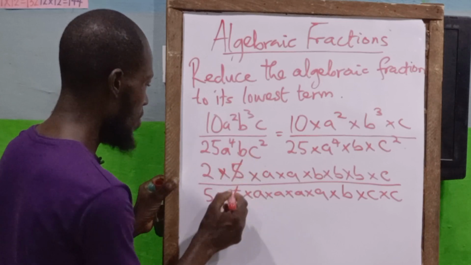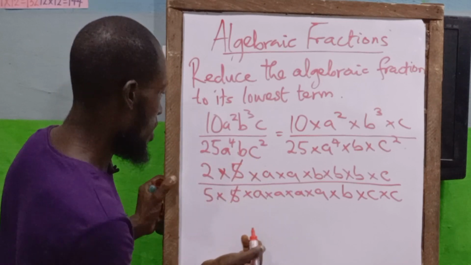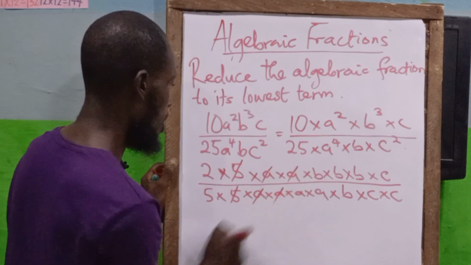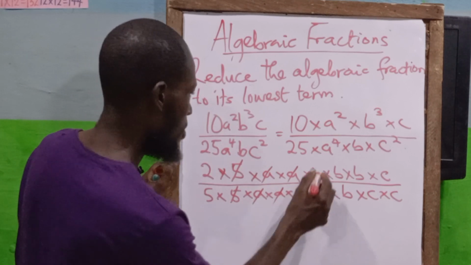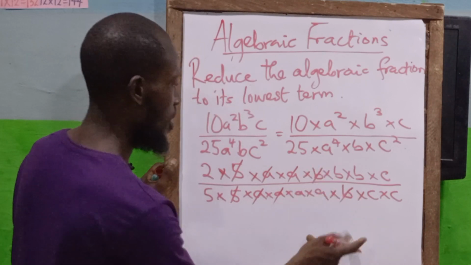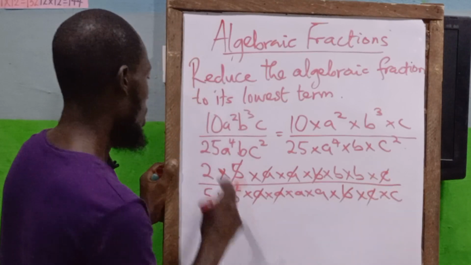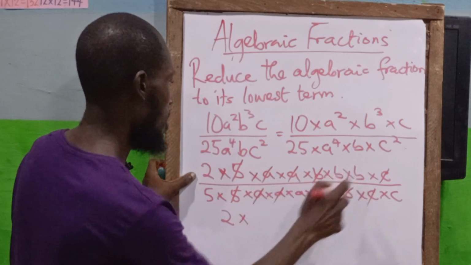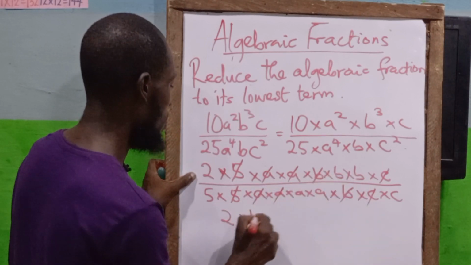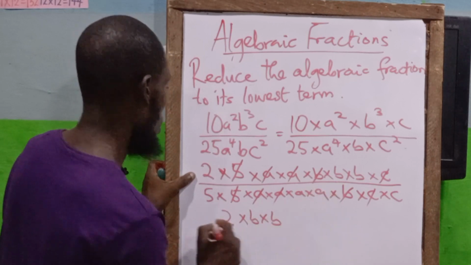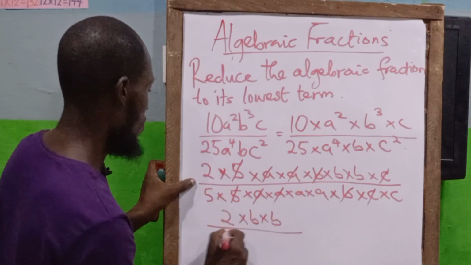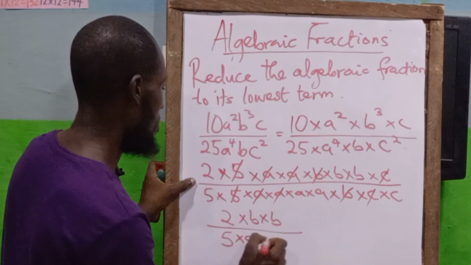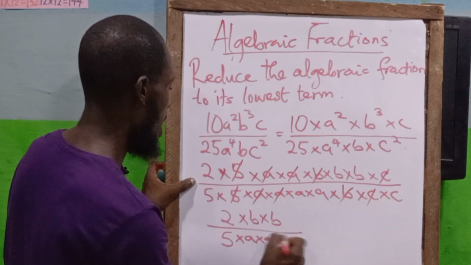So 5 here, 5 here, that is gone. For a, we have a, a here and a here. Then b cancels b here. Then c, we have c, c. So here we have 2 times b times b, all over 5 times a times a times a, then times c.